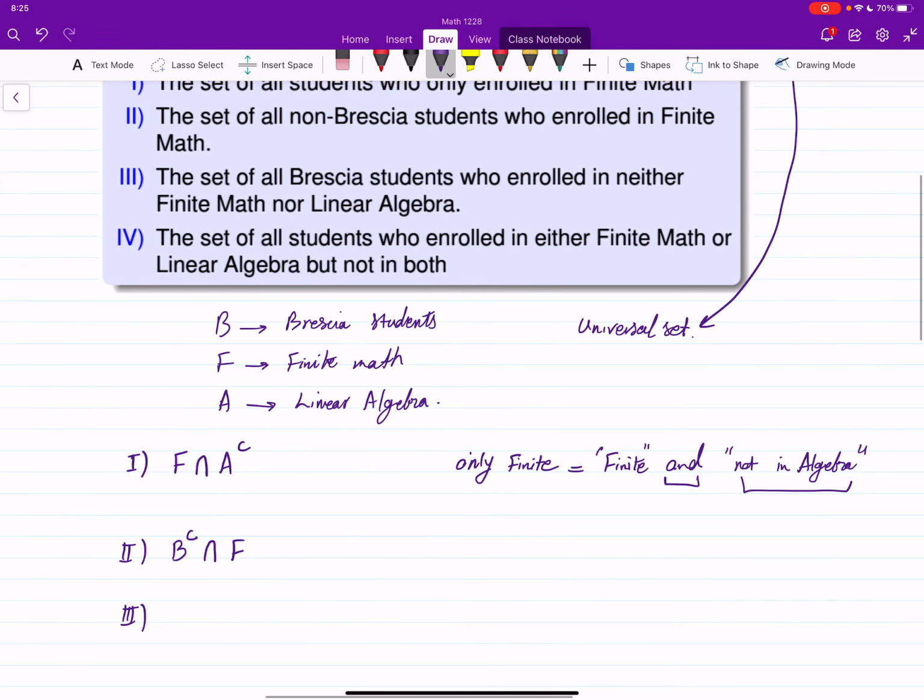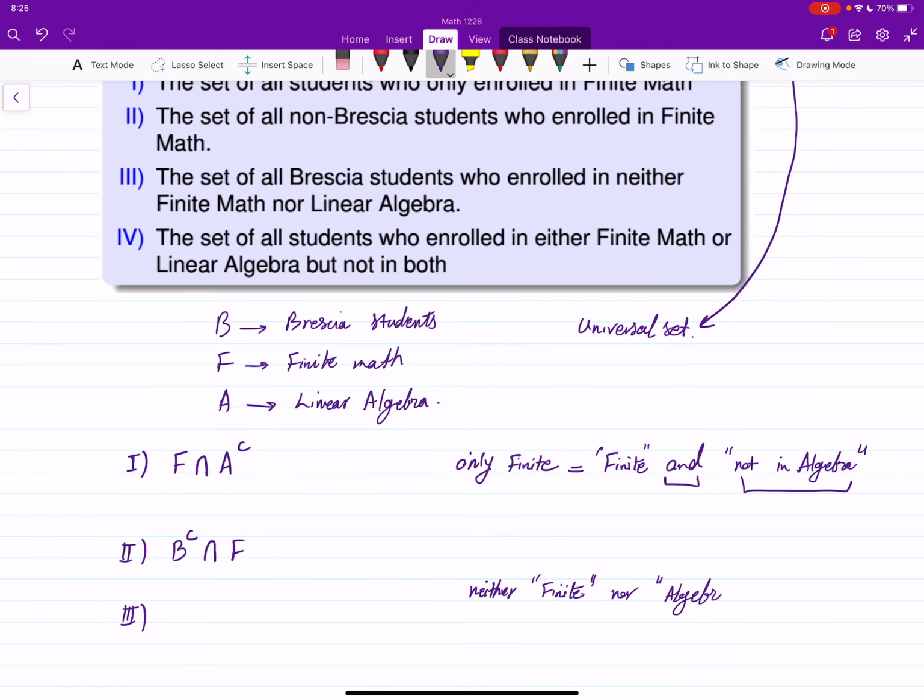How about the third one? The set of all Brescia students who enrolled in neither finite math nor linear algebra. So let's just write this down. Neither finite nor algebra.